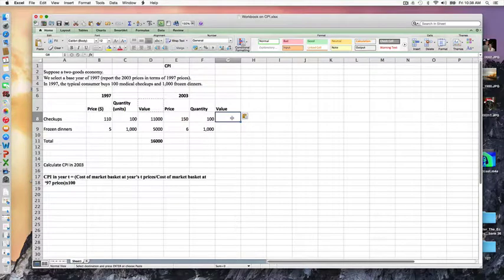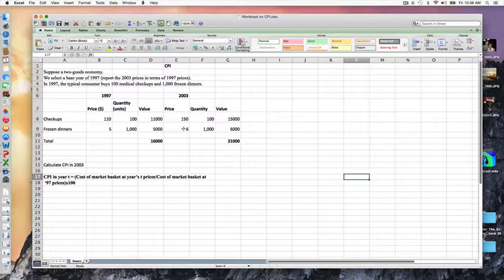And then of course I'm going to do the calculations using the formulas in Excel for the value, and then do the sum over here. So now I know how much it cost me to buy those two goods in a later year. So of course I paid more than the previous year because we had an increase in prices.